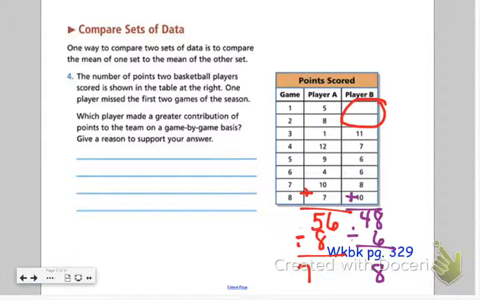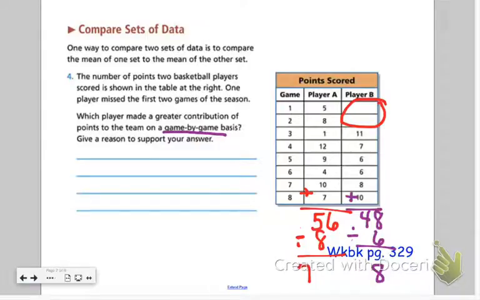If you look at it this way, player A scored an average of 7 points per game, and player B scored an average of 8 points per game. So on a game-by-game basis, even though player A technically scored more points overall, player B scored more points per game.